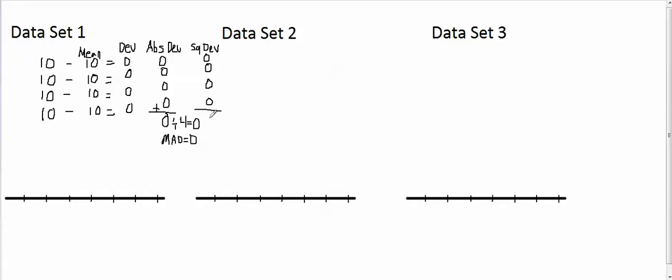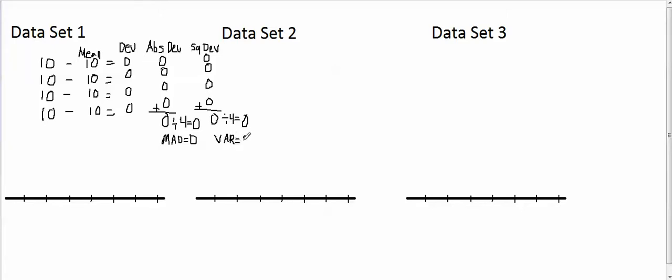Once I get all 4 squared deviations, I get the variance, which is just the mean of the squared deviations. So add them, since there's 4 numbers in the column, divide by 4. Comes out to 0. So the mean of the squared deviation column is the variance.